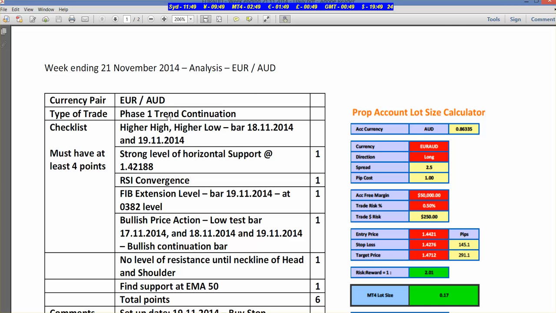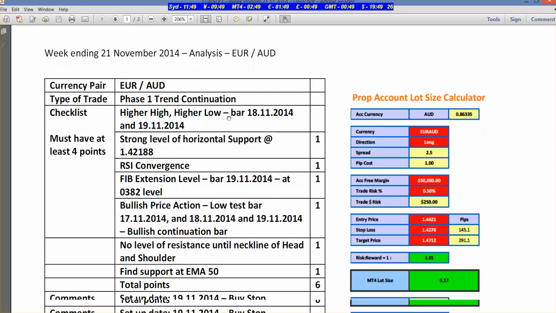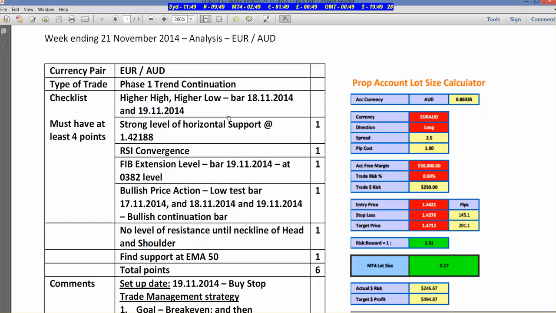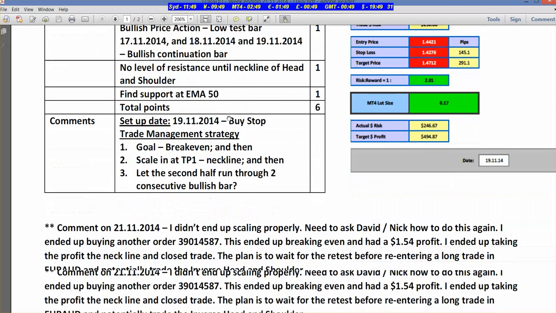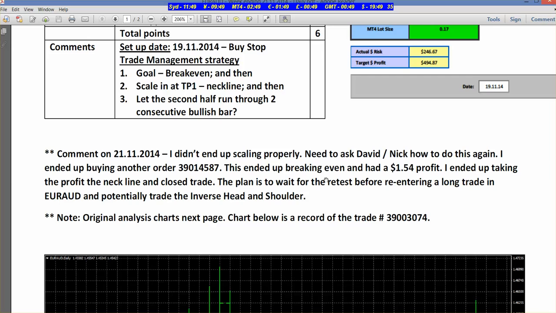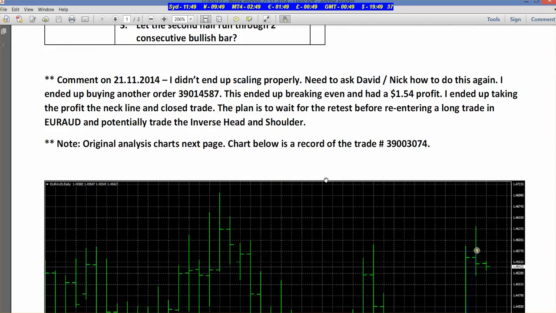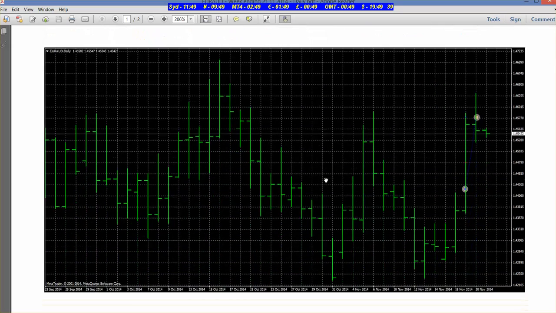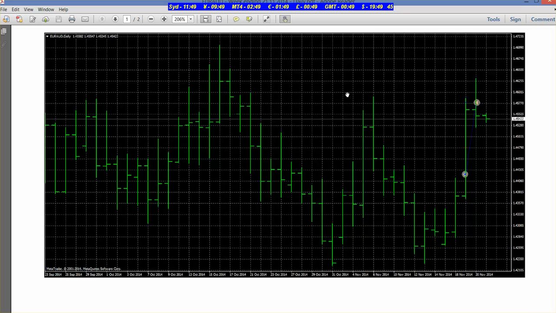Euro Aussie, phase 1 trend continuation. Phase 1 trend continuation. Okay, so you went in there and hit your target.